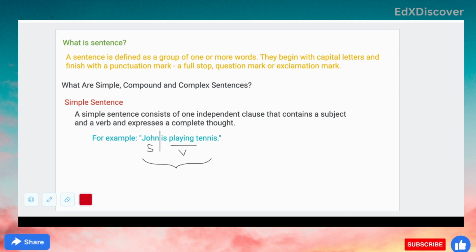We can mention the boy ran away from the dog. From this, which one is subject, which one is verb, and does it explain a complete thought? Find it.